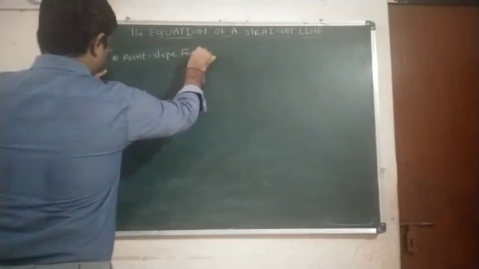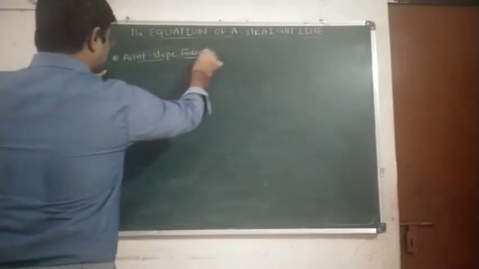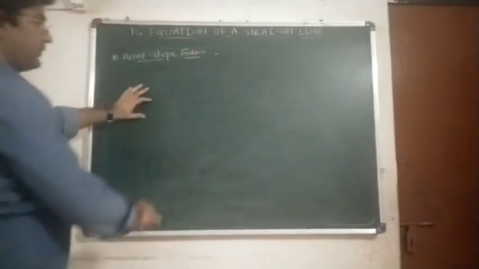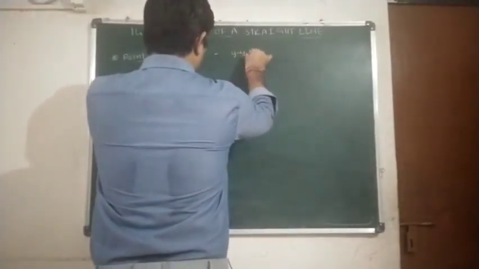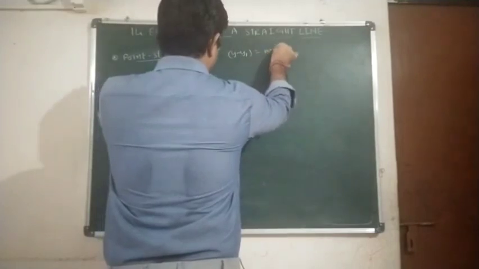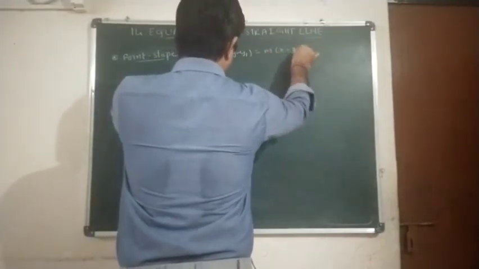Point slope form is given by the formula y minus y1 is equal to m into x minus x1.